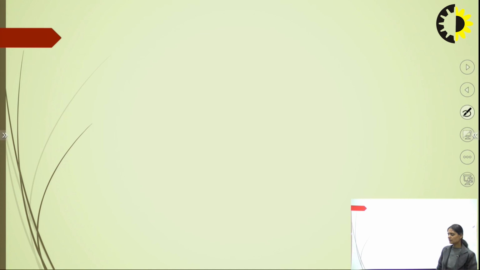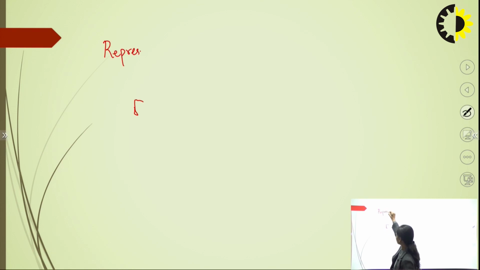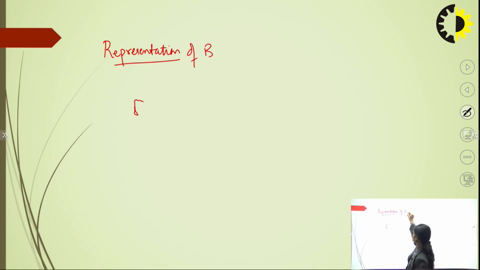Now let's discuss how this binary tree is represented in the data structure. So we see the representation of binary trees.